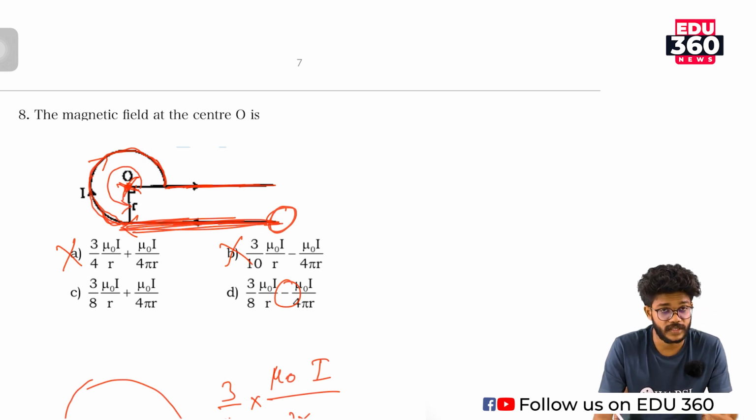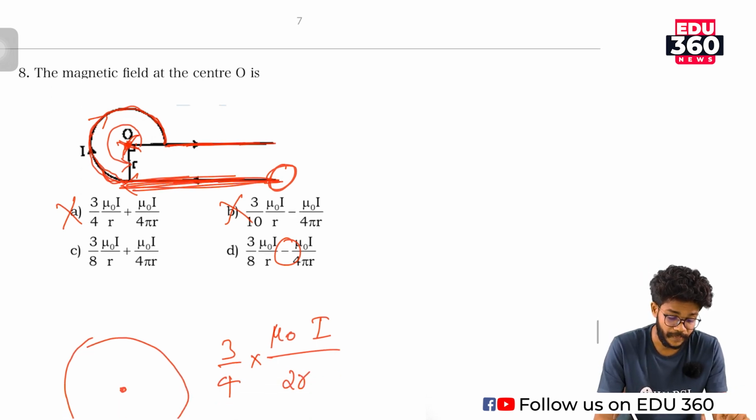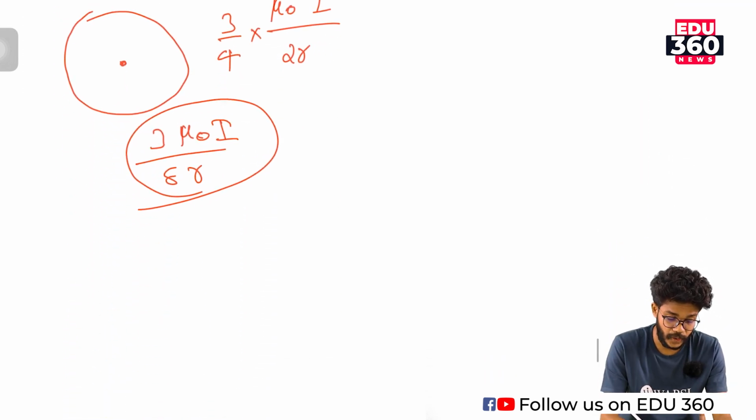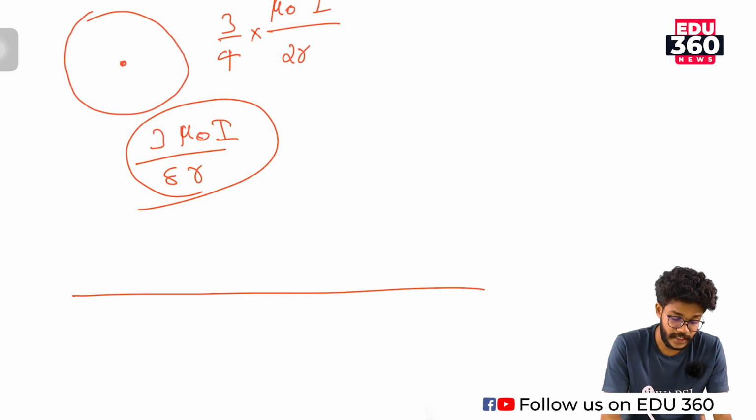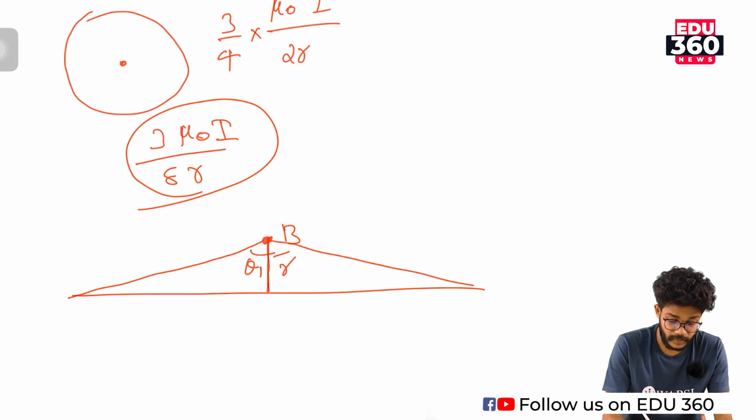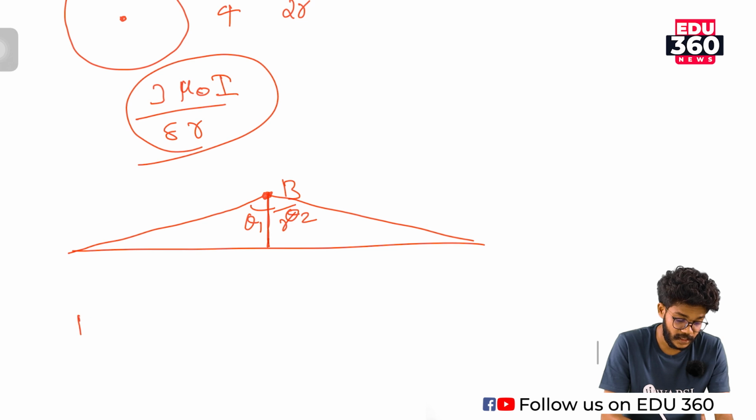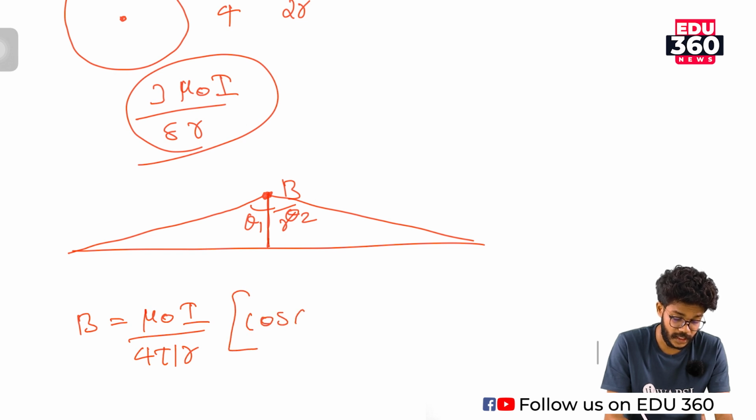So this is the logical method, and I will explain the theoretical method also. This is the equation. If this is a straight line and we have to find the magnetic field B at a distance r from the straight line, and they have given theta 1 and theta 2, then the magnetic field is mu 0 I by 4 pi r multiplied by cos theta 1 plus cos theta 2.